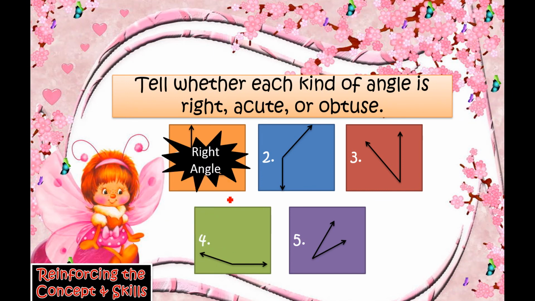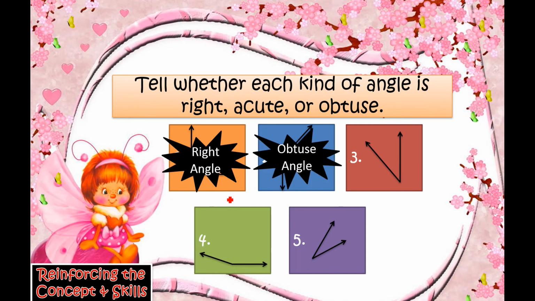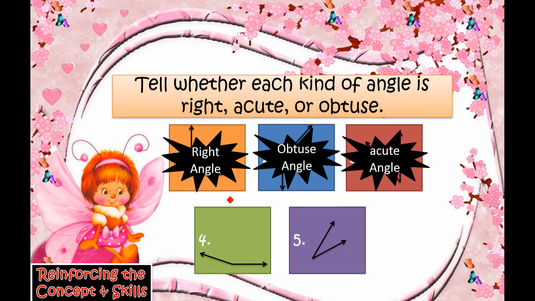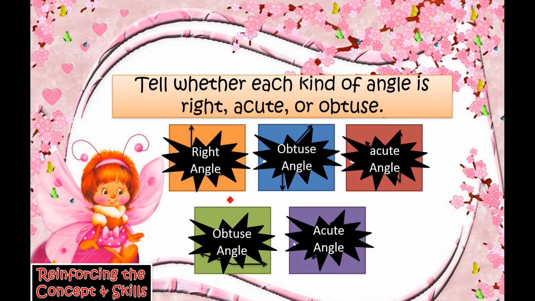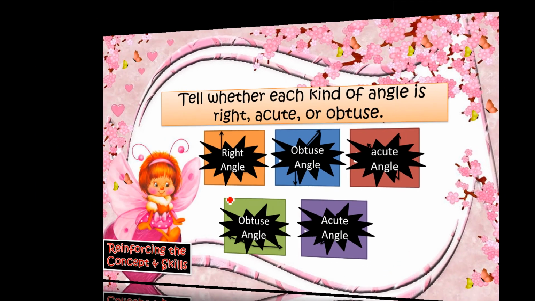Number 1 is right angle. Number 2, what is that? It's an obtuse angle. Number 3 is an acute angle. Number 4, still an obtuse angle. And number 5, acute angle. Very good, kids.